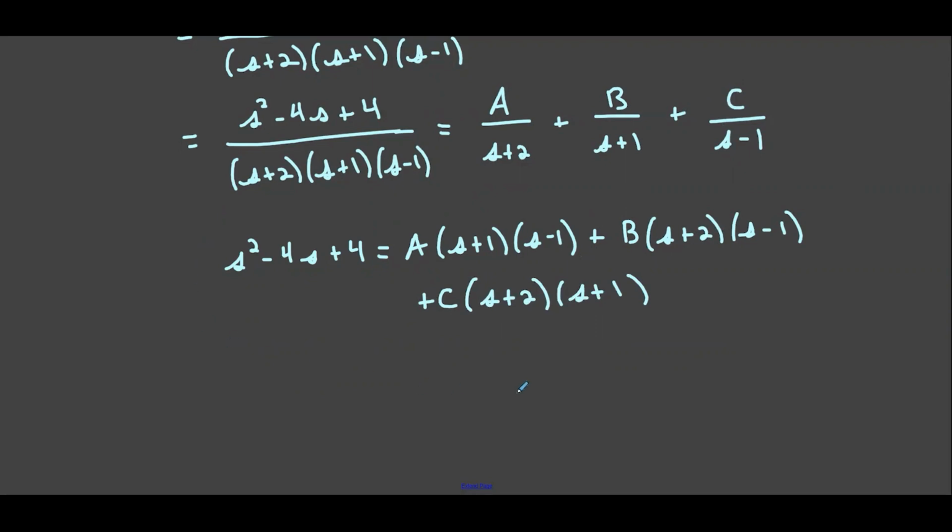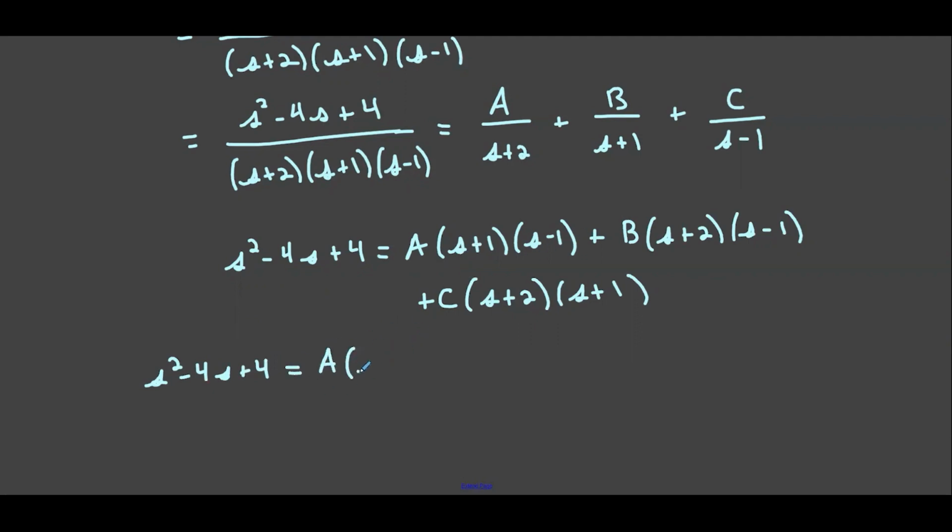Okay, so now we could plug in some test values for s. Some people do that. I'm just going to set up a system. Let's multiply all this out, simplify it. So I'm just going to multiply this.